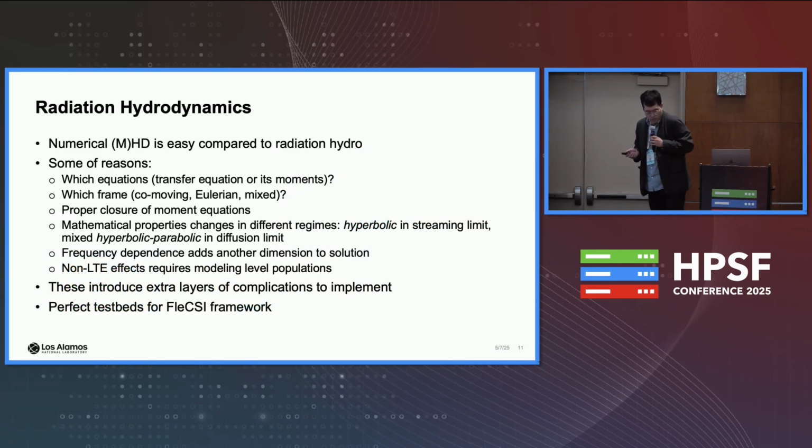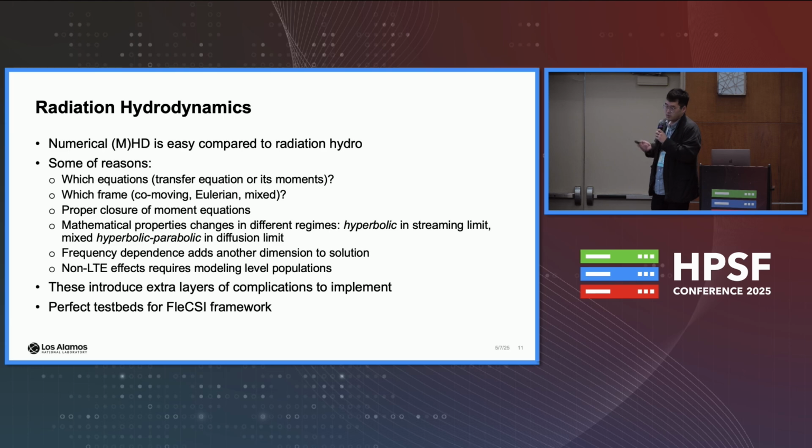Also, in hydrodynamics, you may hear people talk about CFD, hydro, or MHD a lot. Numerical MHD is relatively straightforward compared to radiation hydro. There are many choices, like which equation we want to solve. Do you want to do the full transport, which can be 6D? If you want to choose a moment, which moment do you want to choose, and what frame do you want to work in?